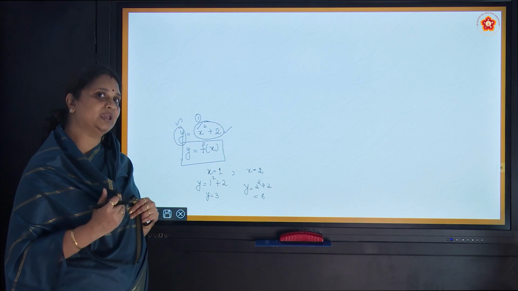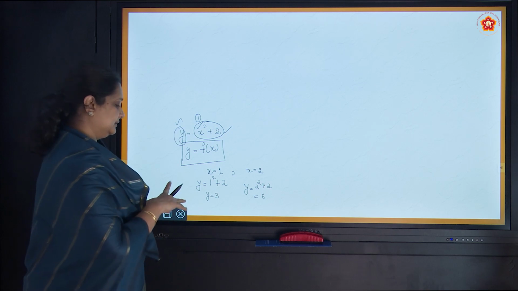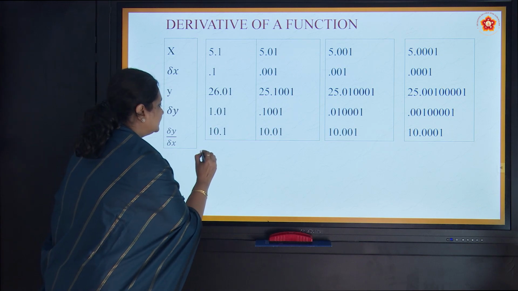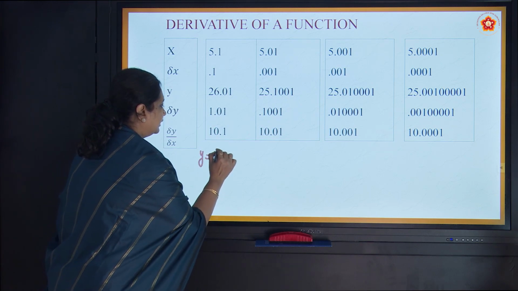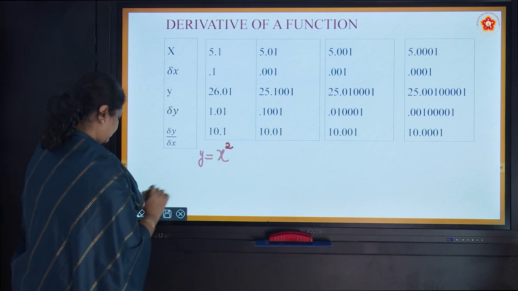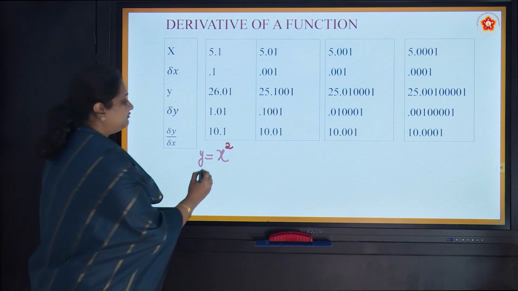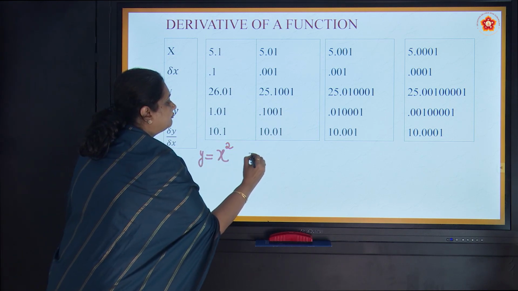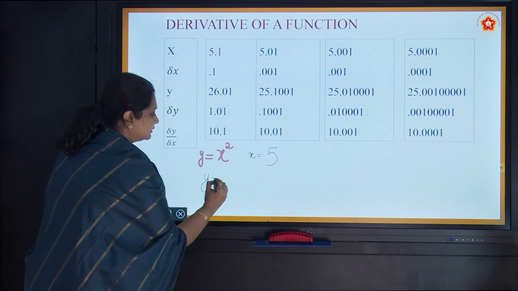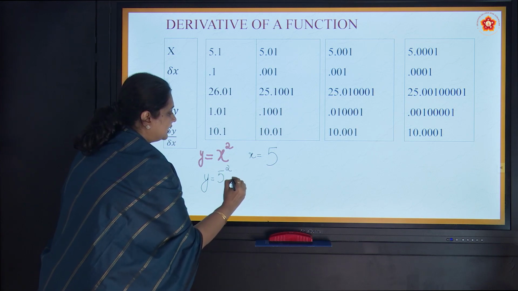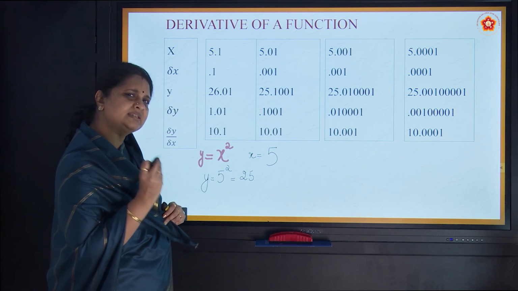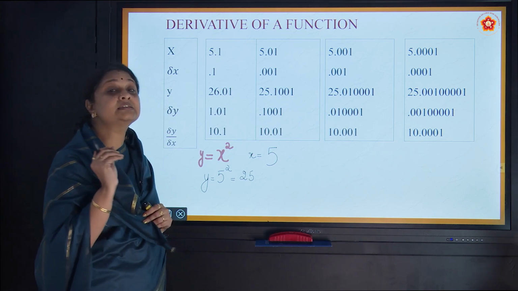To explain it to you in detail, let's look into this table. Let's consider y is equal to x square. Now, if I give a value of 5 to x, my y becomes 5 square, that is 25. Now, let me increase x by a very, very small quantity.